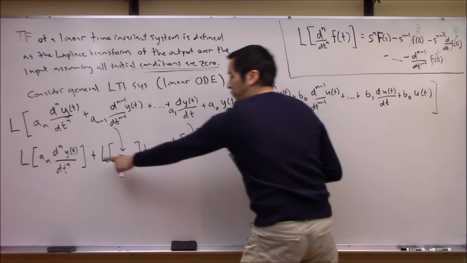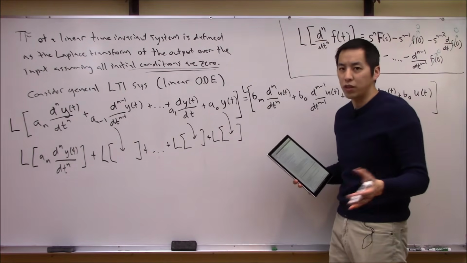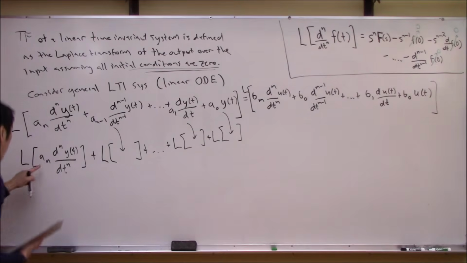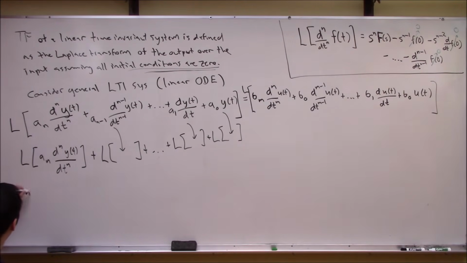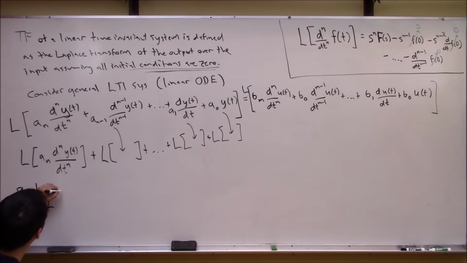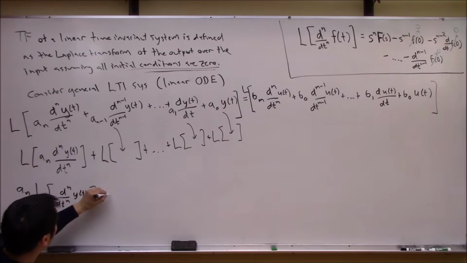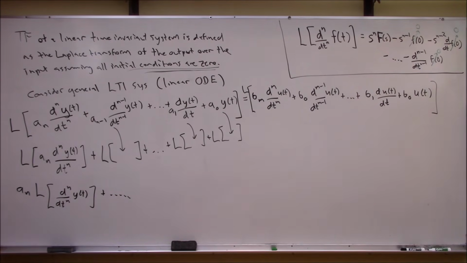I just want to focus on this one, because once we do this once, you'll see the pattern extends to everything. Let's pull the constant a_n out. So I have a_n times the Laplace transform of the nth derivative of y(t), plus all the other terms that we're not going to bother with.